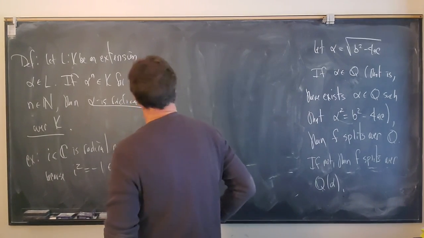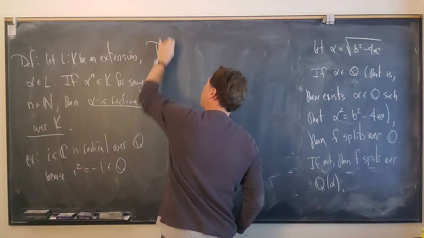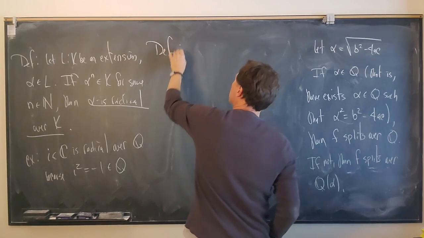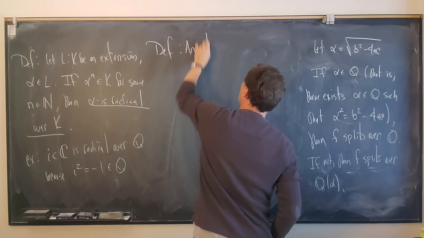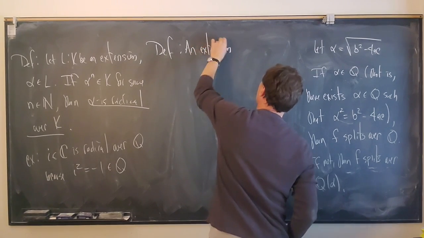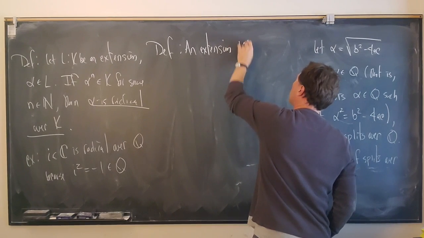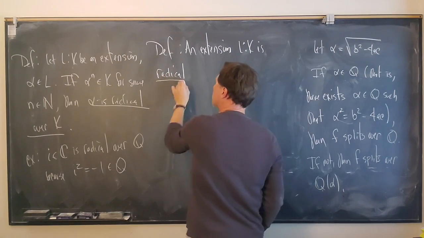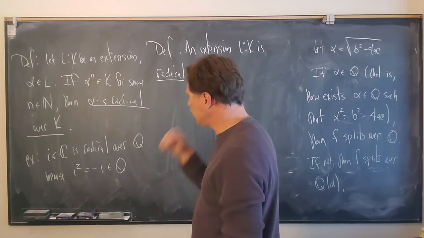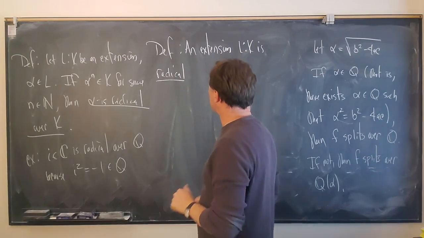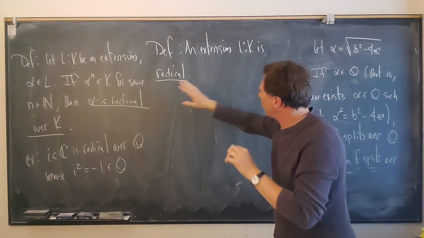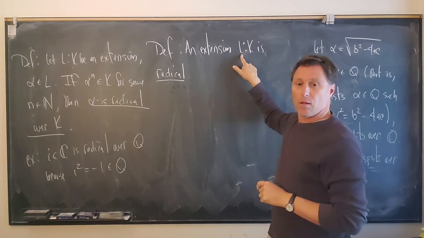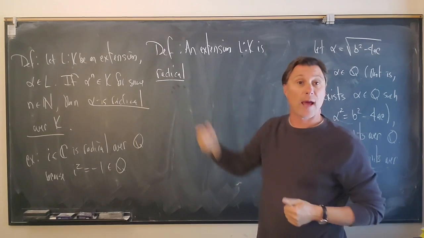Now our next definition is going to make use of this idea of a radical element. An extension L over K is radical if, and I'll write it down precisely in a second, you can build L by successively adjoining radical elements.